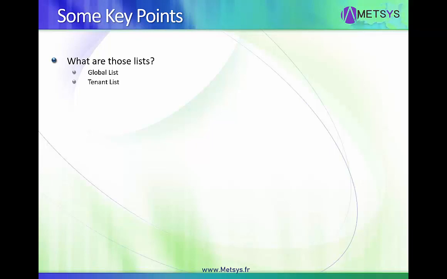The global list is always provided and updated by Microsoft, and we cannot interfere with it. But the tenant list is a list in which you can add your own custom passwords, the one that we did in the implementation process.